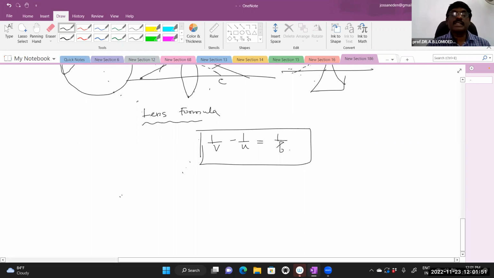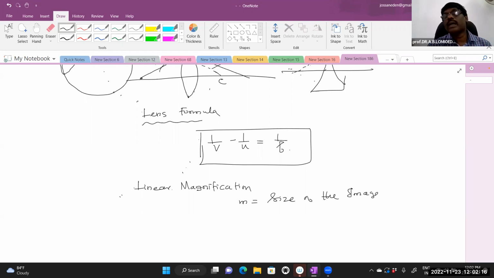Next, linear magnification. Already we have studied this concept in ray optics, spherical mirror. M is the ratio of the size or height of the image I divided by the size of the object.